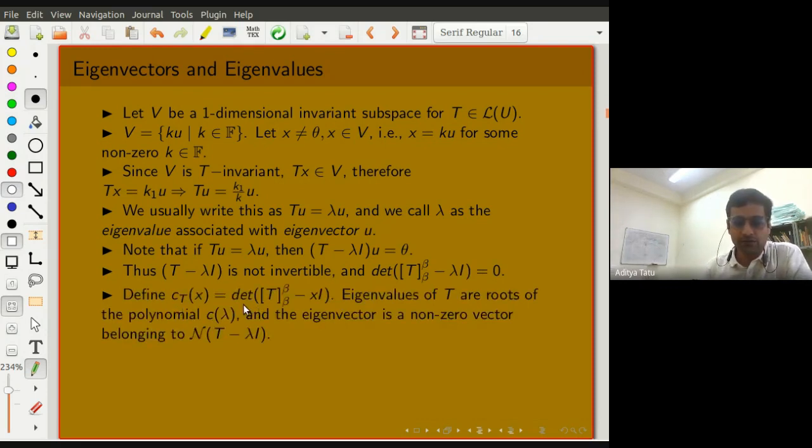So therefore, I hope you see this thing. What will this be? This will be a polynomial, right? So this will be a polynomial in x of what degree?